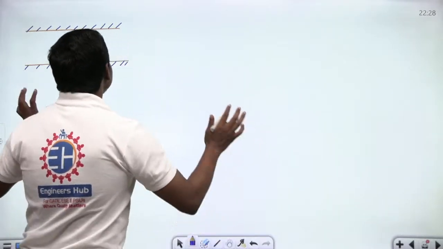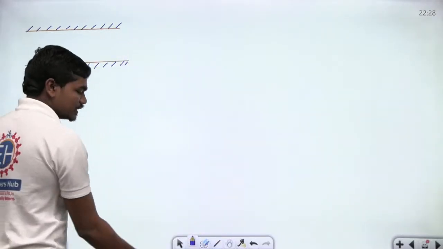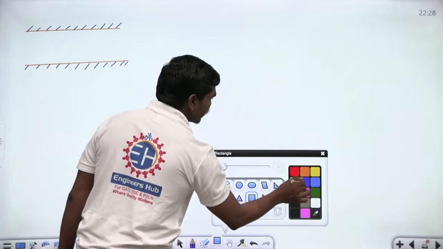Good. Look here. So if these are 2 plates that are fixed, then see carefully. Let us suppose there is some plate in between.